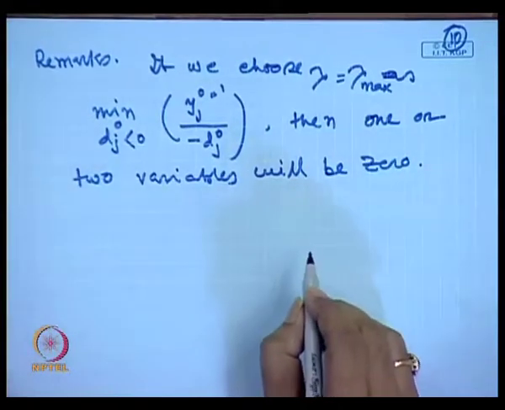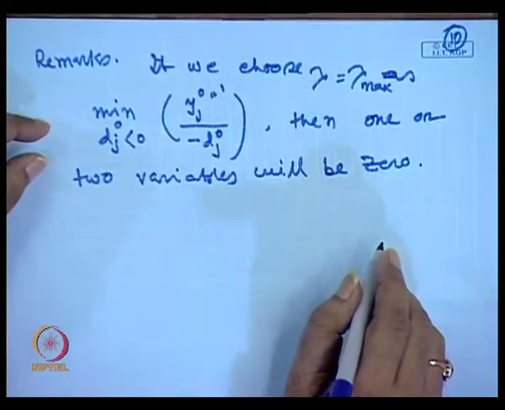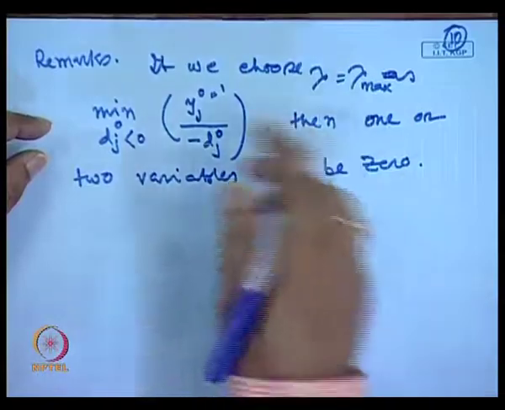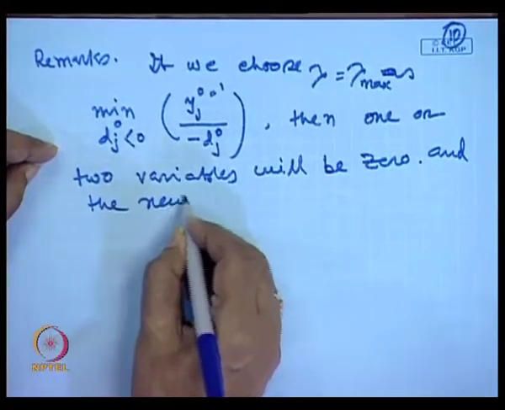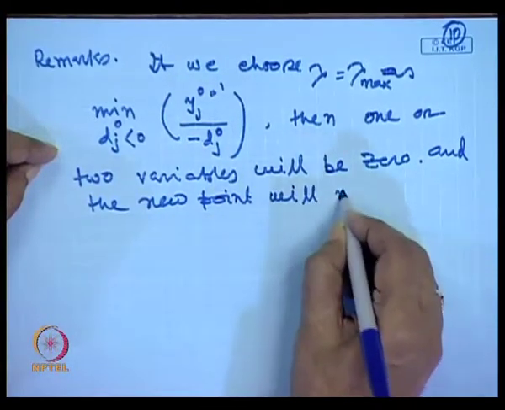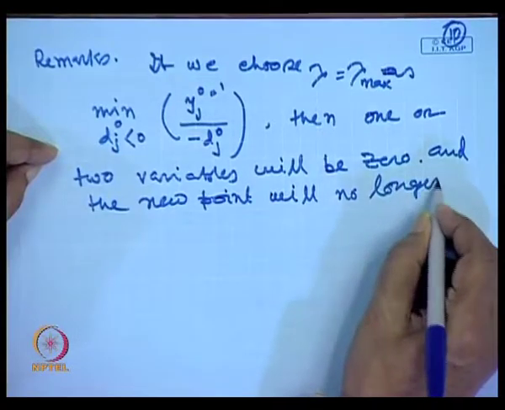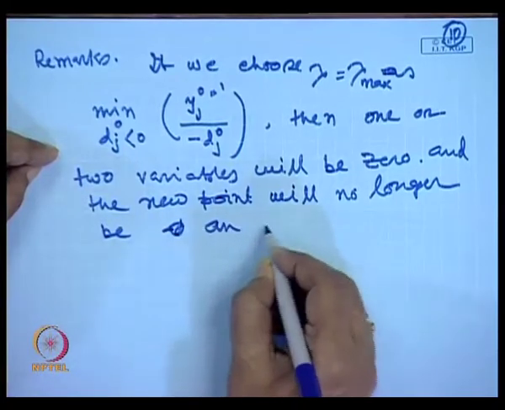If it is 0, our new point will no longer be an interior point, because it is on the boundary of the feasible region, but it is not an interior point of the feasible region. So, you can write it, and the new point will no longer be an interior point.